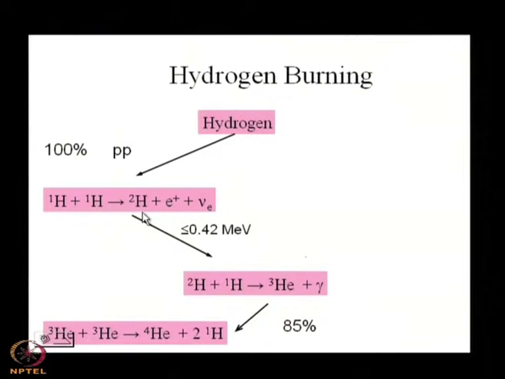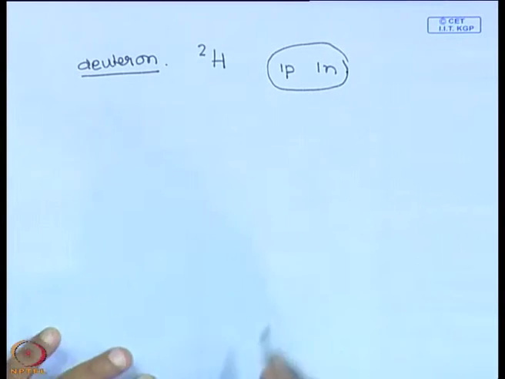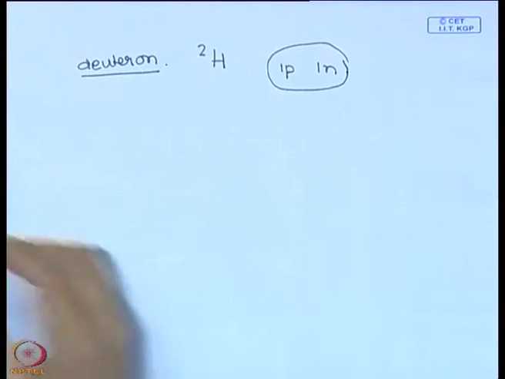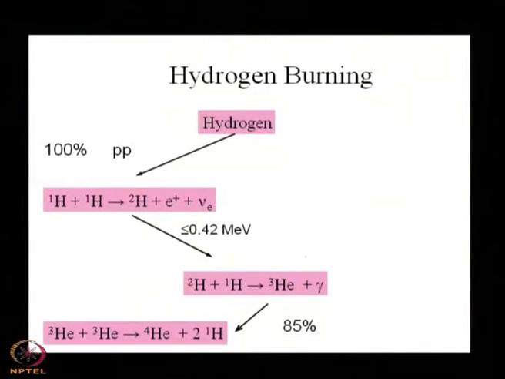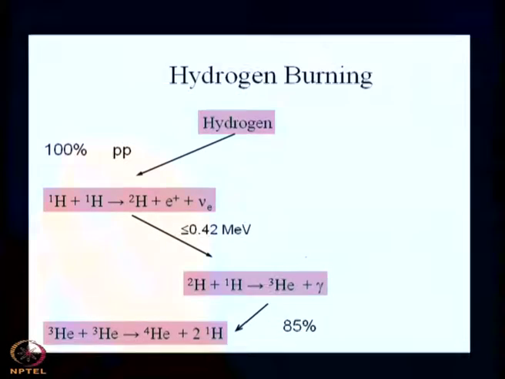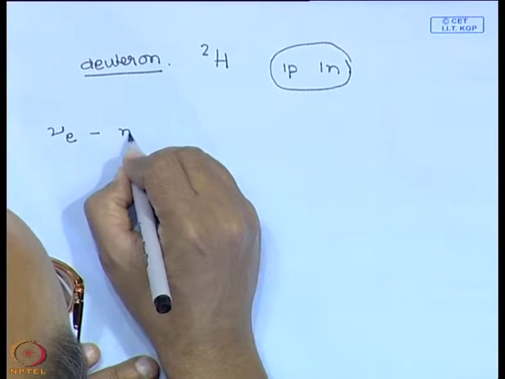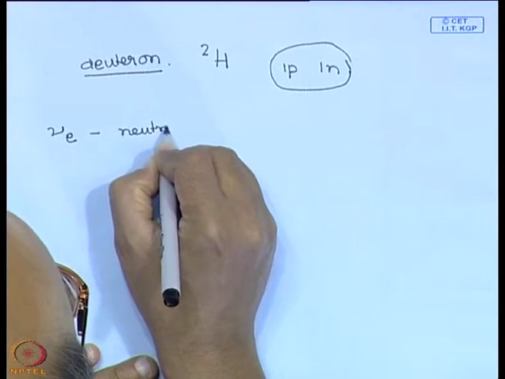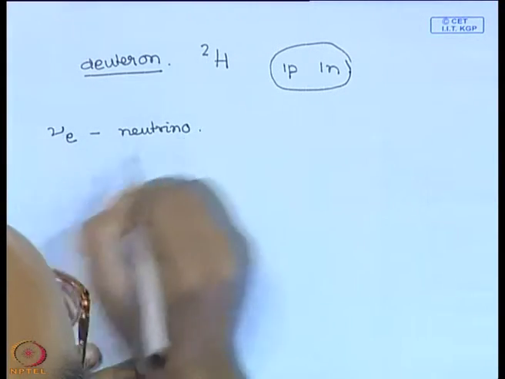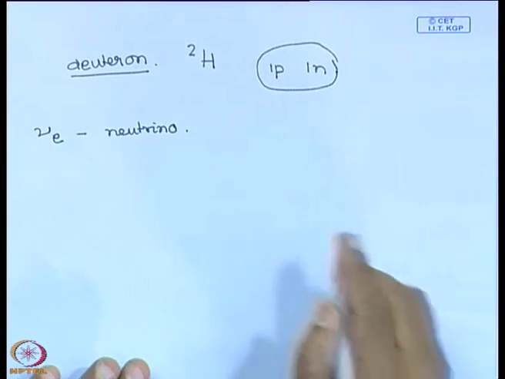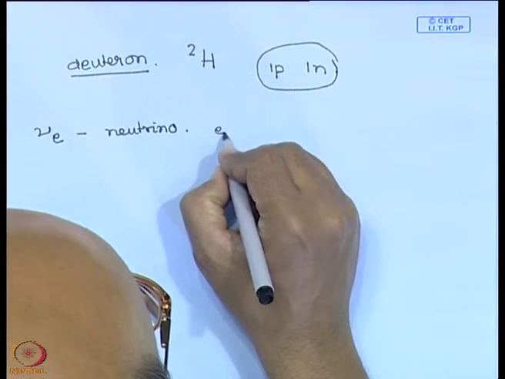Then you have this particle denoted by e+. I shall come to this e+ later. This is a positron, and you also produce a neutrino, ν_e. This particle is an electron neutrino.